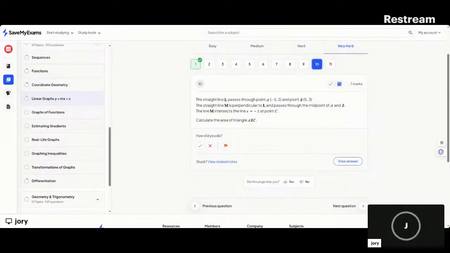It passes through the midpoint, and then passes also through C, which I only know the x of, as -1. I don't have the y. And A is -6, 2, and B is 5, 3.